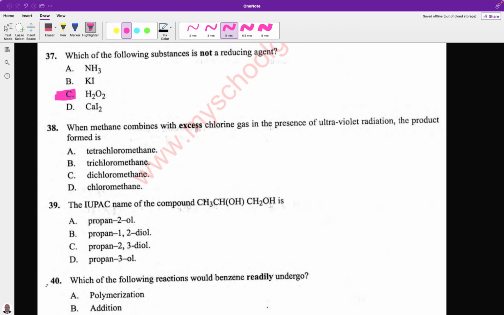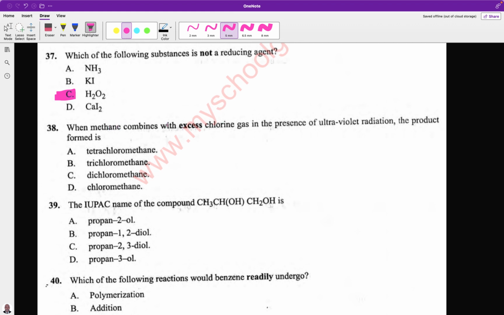If it is not excess, we may have only chloromethane, or only dichloromethane. But if it is excess, all the hydrogen must be completely substituted. So what they are looking for is the final product of the substitution.